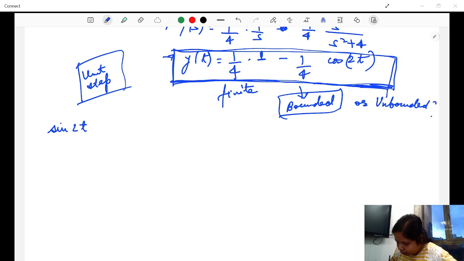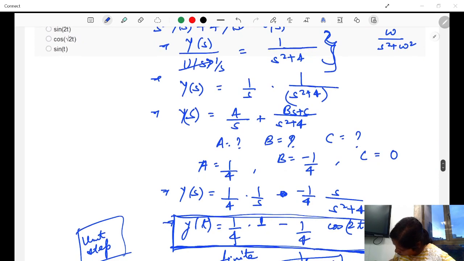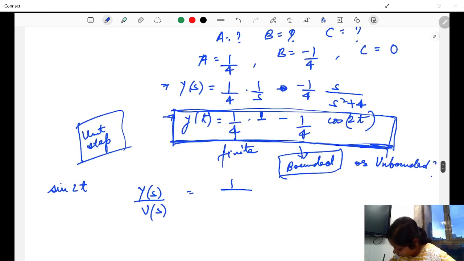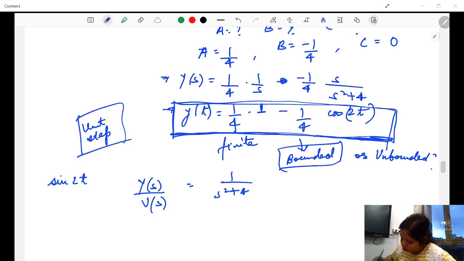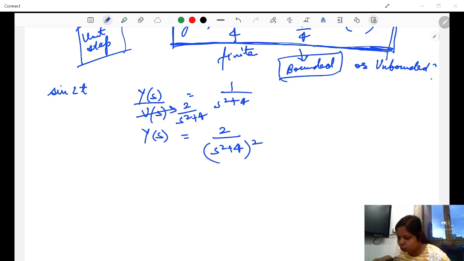So let's say we want to check for sin 2t. So what was your Y(s) upon U(s)? It was 1 upon s square plus 4. Now when you say U(s) is now sin 2t, sin 2t means 2 upon s square plus 4. So Y(s) is 2 upon (s square plus 4) whole square.